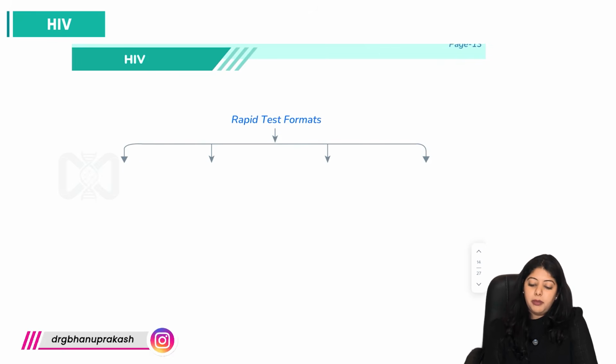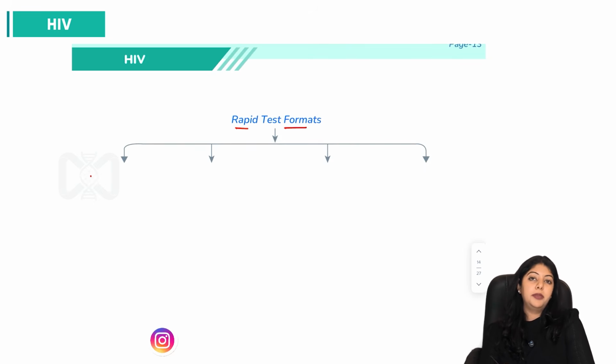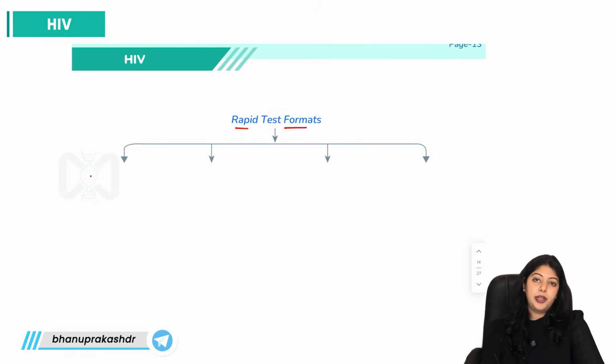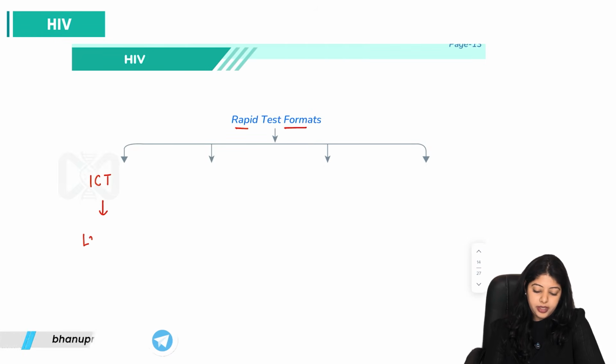Now let's talk about the rapid test formats which are available for the screening of HIV. So what are these rapid test formats? Firstly, we have immunochromatographic test, which is lateral flow assay.